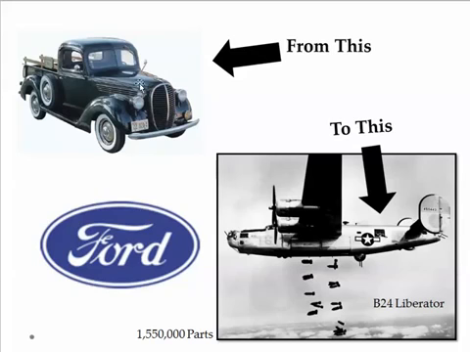And here's another one for Ford. It used to make these domestic vehicles. Now, during the war, it converted over to making things like the B-24 Liberator bomber here. It had over 1.5 million parts, where a domestic vehicle only had 15,000 parts. And Ford started making these bombers for the United States at record speeds, by the way.